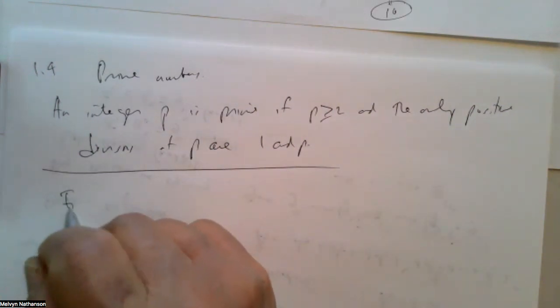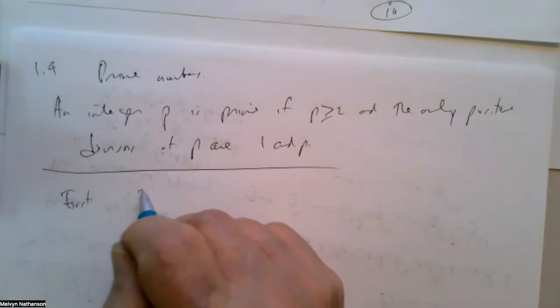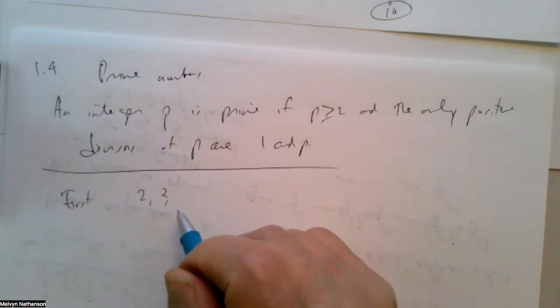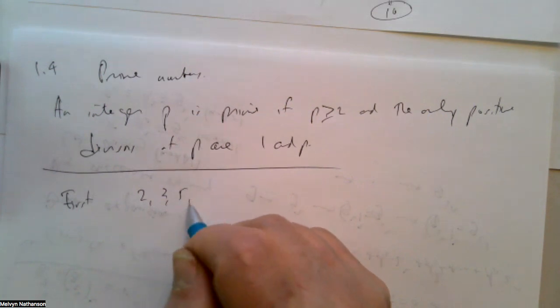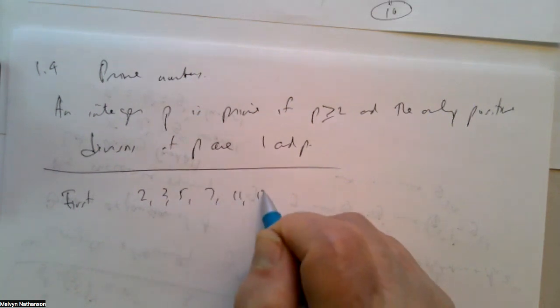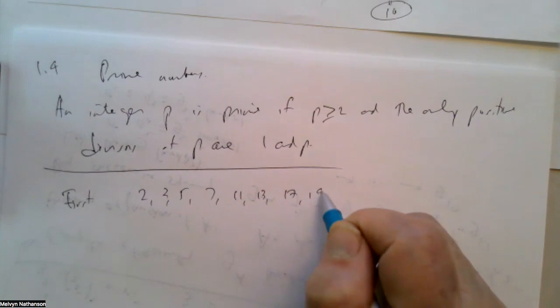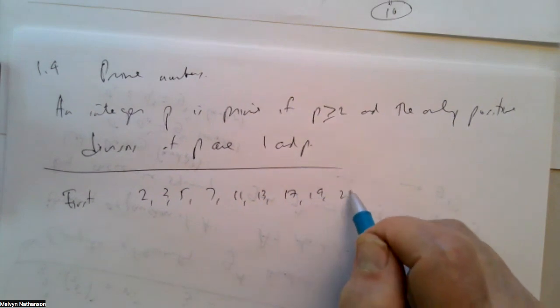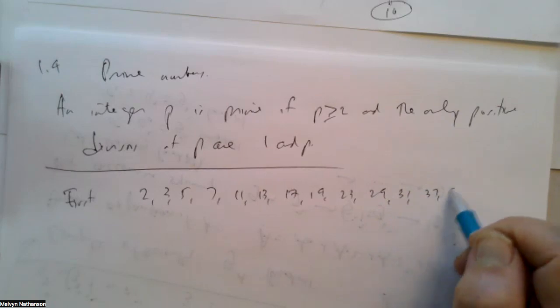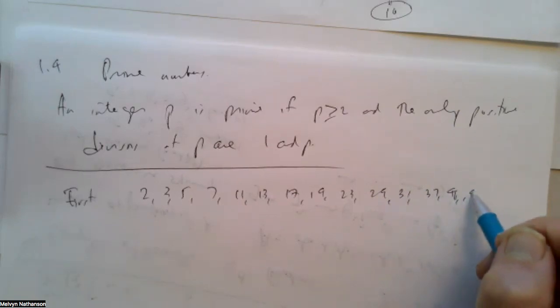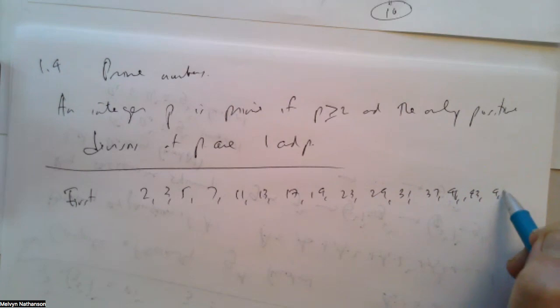So what are the first primes? 2, 3. After 2, they're all odd, of course, because every even number is divisible by 2. 2, 3, 5, 7, 11, 13, 17, 19, 23, 29, 31, 37, 41, 43, 47.